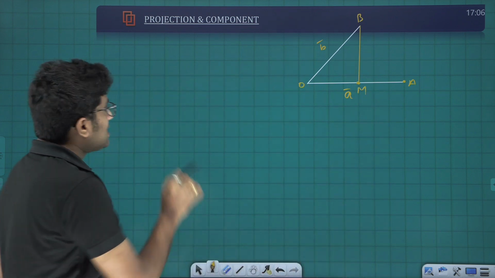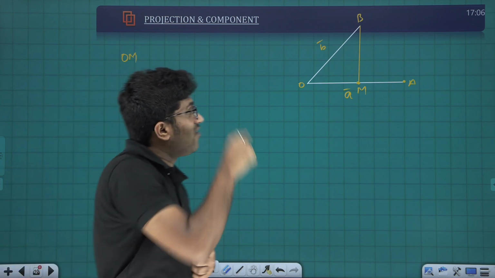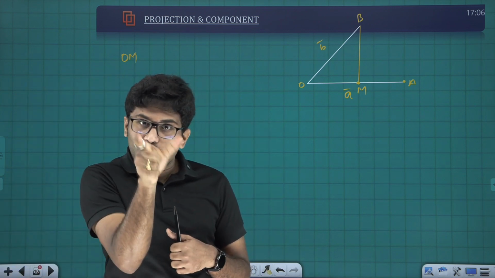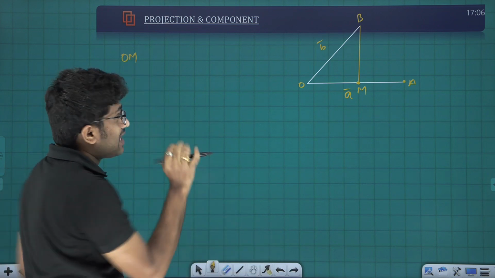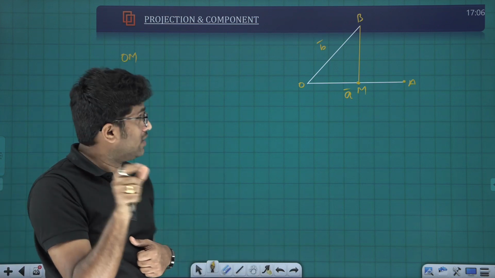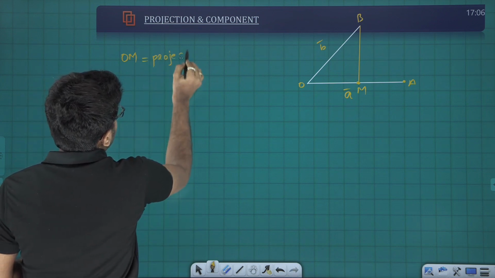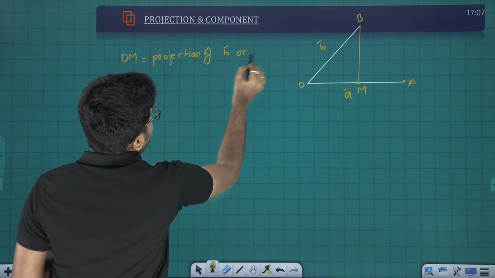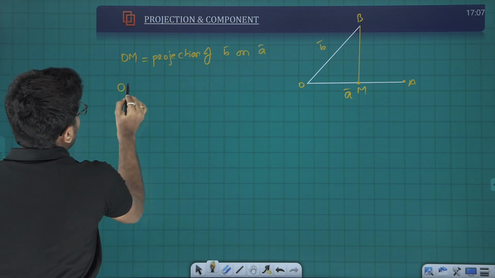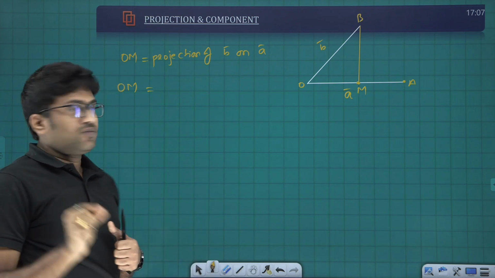Okay, so this OM, friends, the length of the line segment OM, is called the projection of B bar on A bar. The formula to remember is also very simple.